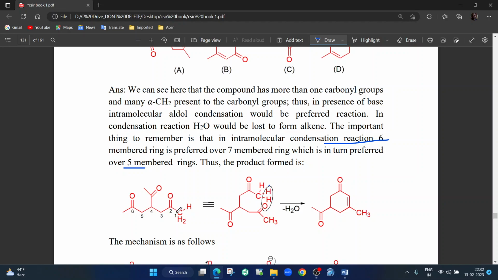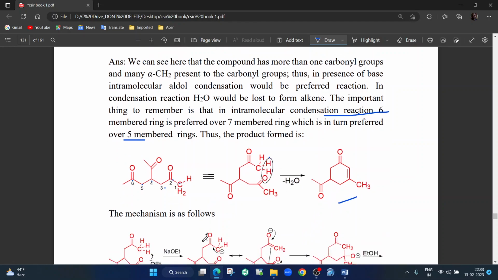We are looking at a 6 membered ring. They are 6 bonds apart. So this is 1, 2, 3, 4, 5 and 6. So this carbonyl can be lost, and then you get a 6 membered ring. So that's what happens. Basically this is lost and you're getting this alkene, right?